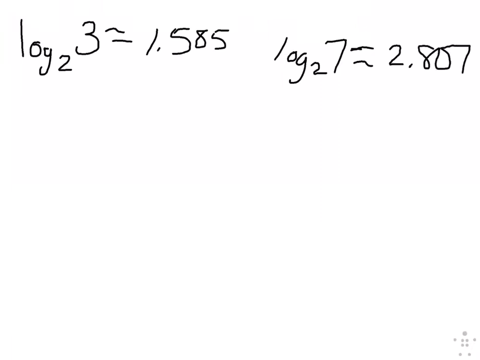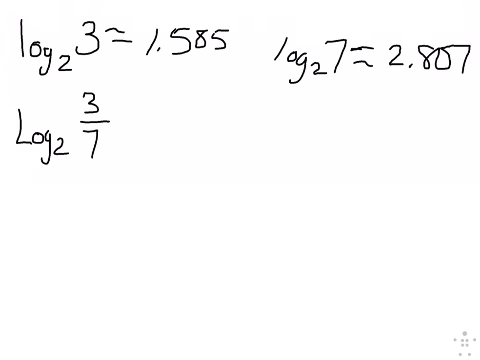I want you to evaluate the log base 2 of 3/7. Now, when you have 3/7 like that, do you know what the log base 2 of 3/7 is? No, because it doesn't give you that. But it does give you 3 on its own, and it does give you 7 on its own. What is division the same as, according to the laws I just gave you?